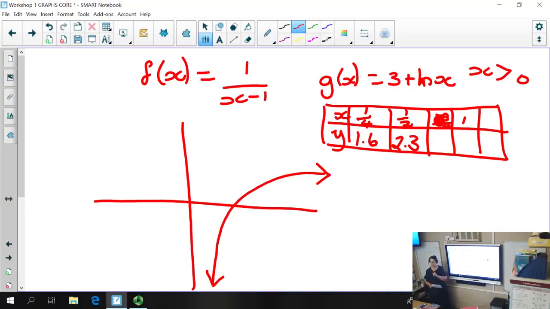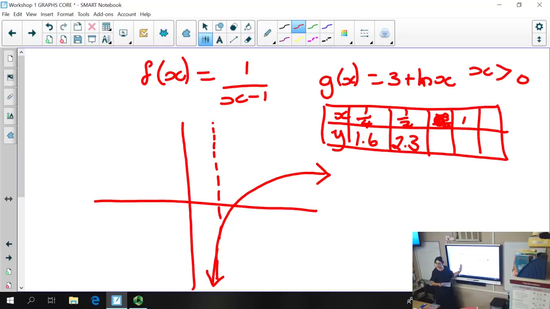Now here's an extra thing. We have to draw this line, that asymptote line. You have to indicate it because they want to see it. Where is this line going to be? At 3. The asymptote is that line which it will not cut.